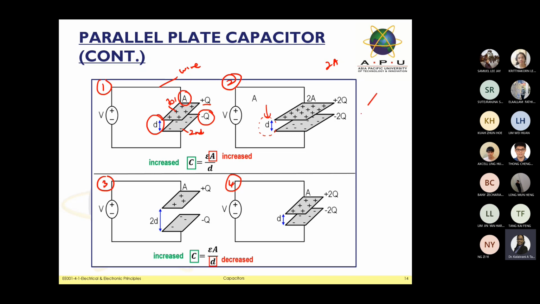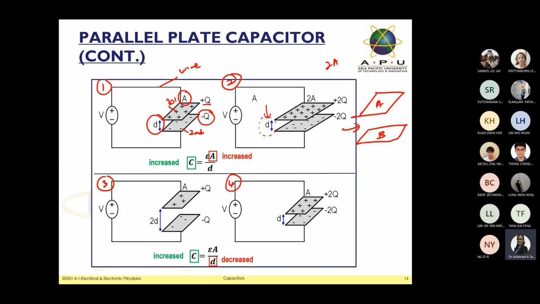So what I'm trying to say is, for example, this is your plate A and this is your plate B. When we have a current flow, of course it needs to pass between plate A and plate B. So when you have a big gap, the charge moving from plate A to plate B will take a long time.